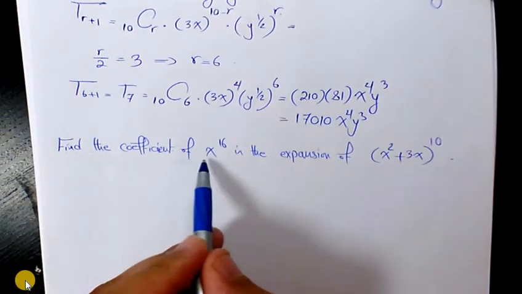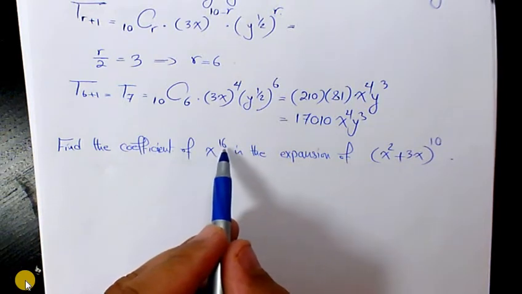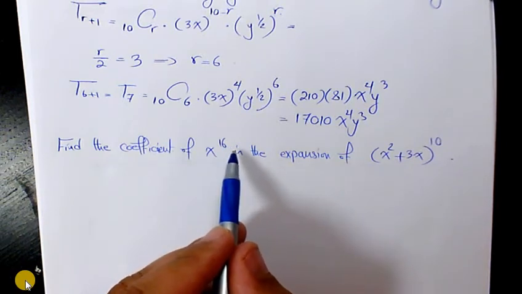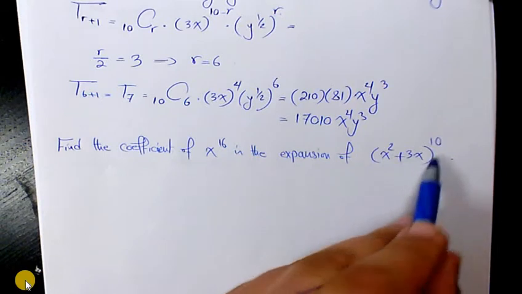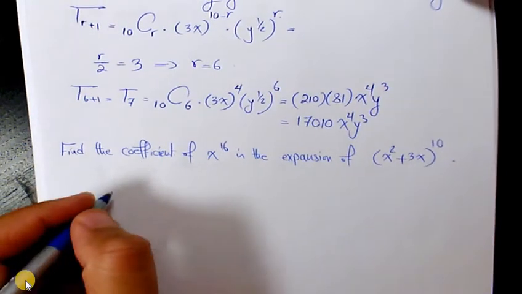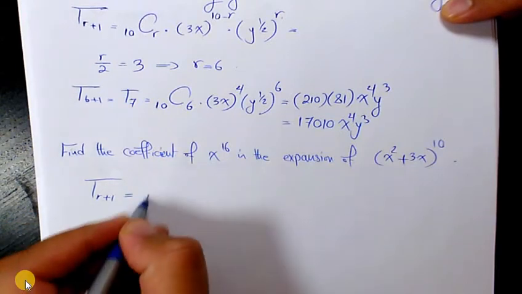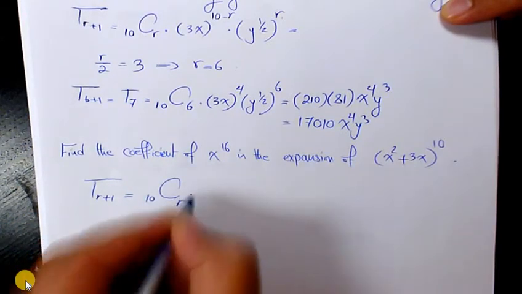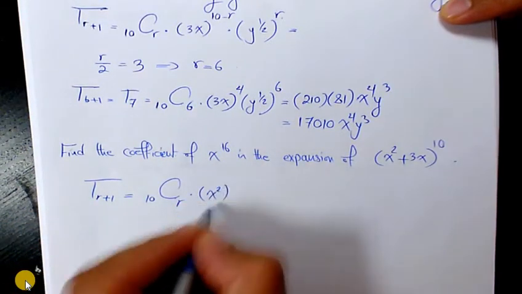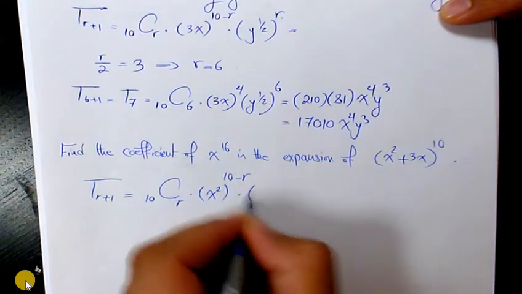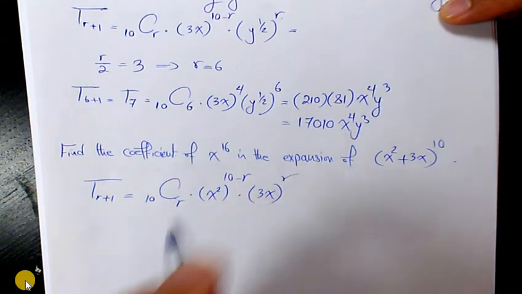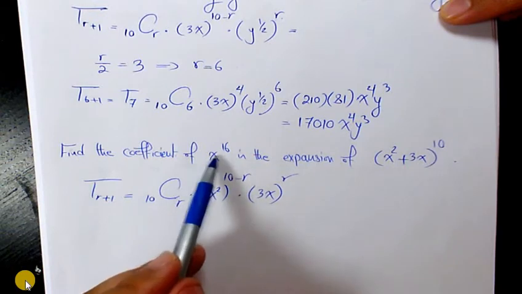Next example. It says find the coefficient of x to the power of 16 in the expansion of (x squared plus 3x) to the power of 10. So we're going to have T(r+1) equals 10 Cr, x squared to the power of 10 minus r, times 3x to the power of r. That's x to the power of 16.